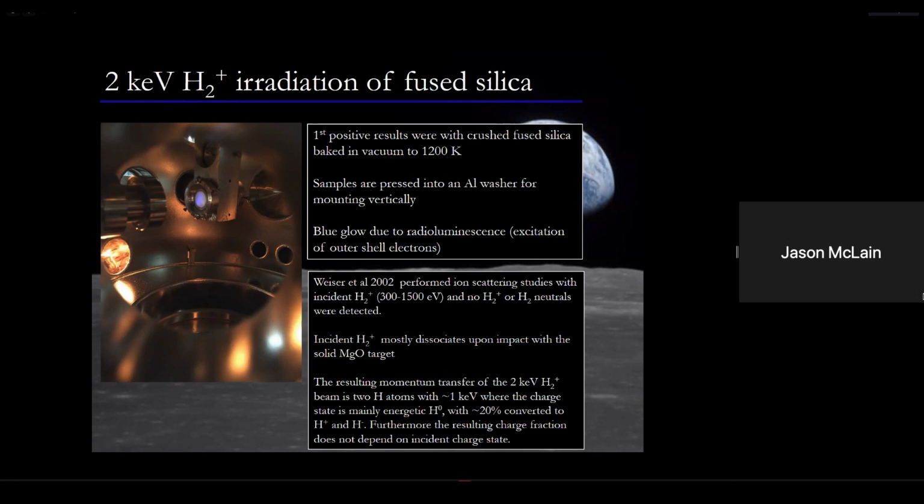And I wanted to mention just real quick about H2 plus, I mean, we know that's not in the solar wind, but as many of you might know, for an electron impact ion gun or even a plasma source, you can use a Wien filter, an E cross B filter, to filter out the H2 plus, where you get H plus, and we can do that. But the issue is that the H2 plus flux is just orders of magnitude below.